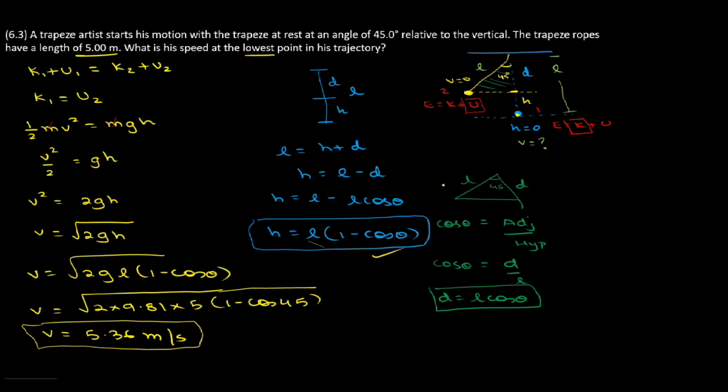To solve a question like this, there will always be a need to calculate h, and when you use trigonometry, this is the expression you will get. So if you can remember this expression, solving the problems will become much easier. Whenever there is a question with a rope, a string, a swing, or a pendulum, and they have given you an angle for different positions, this is how you will calculate the height h at which the pendulum or the object is raised.